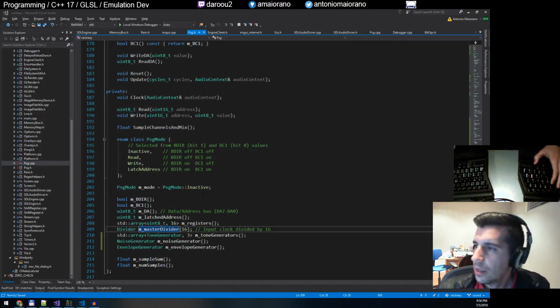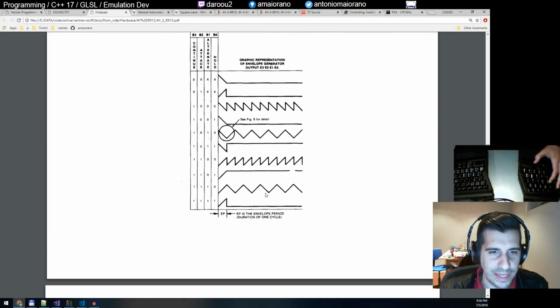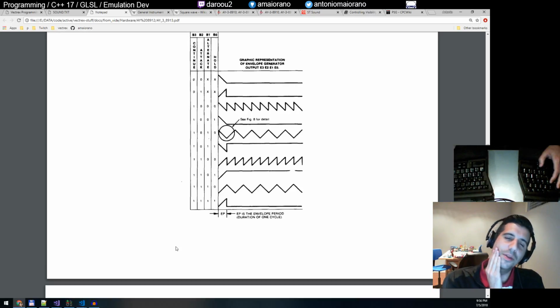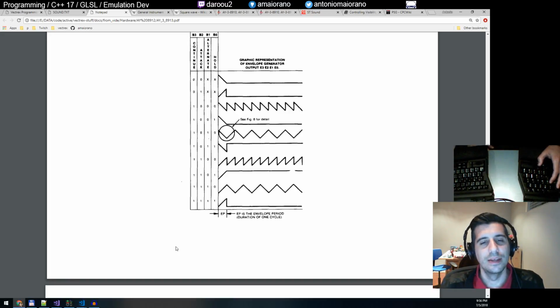Okay. So there's kind of like two ways I could do this. I could make a shape table and just use this to index it.